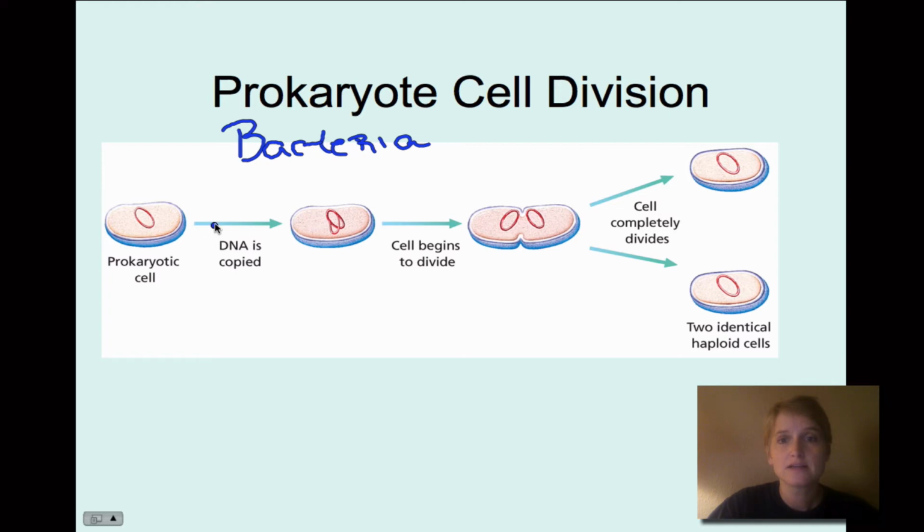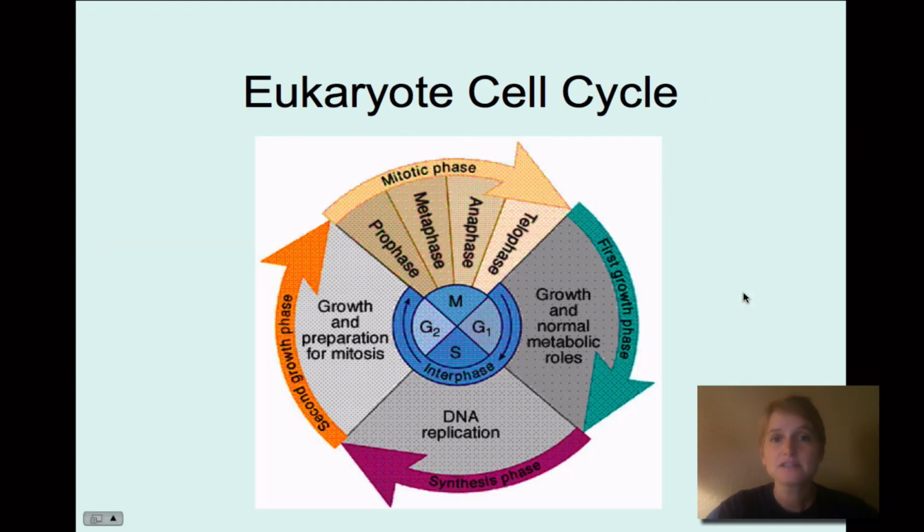This is called binary fission, and what happens is the DNA is copied, the cell begins to divide, the cell completely divides, and there are two identical copies of the cell created. So, a rather simple process.